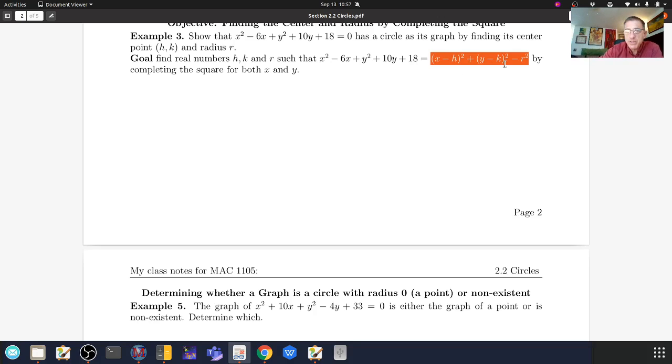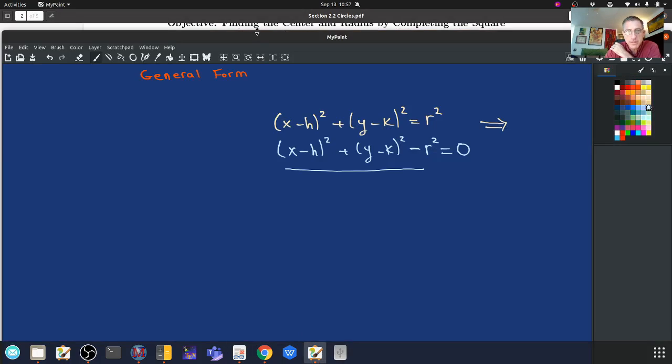So all I have to do is move the minus r squared to the other side, and I have my center radius form. So for right now, all we're going to do is we're going to look at the original equation. That's what we're going to look at. So let's get some writing space.